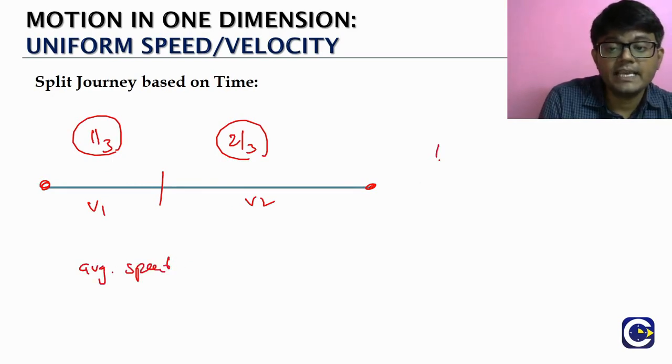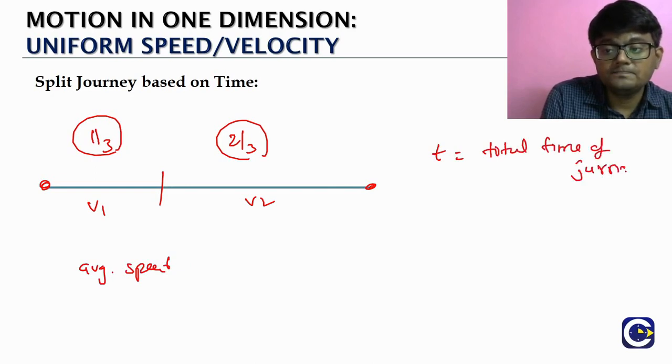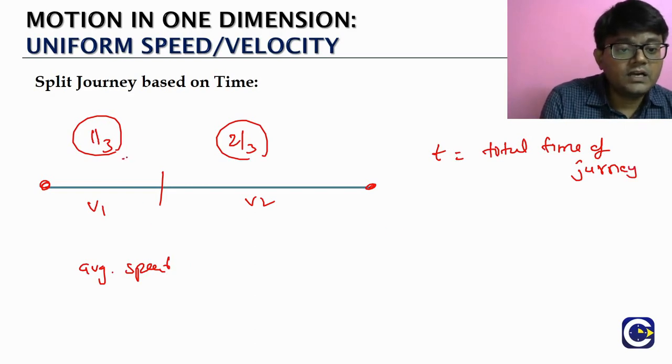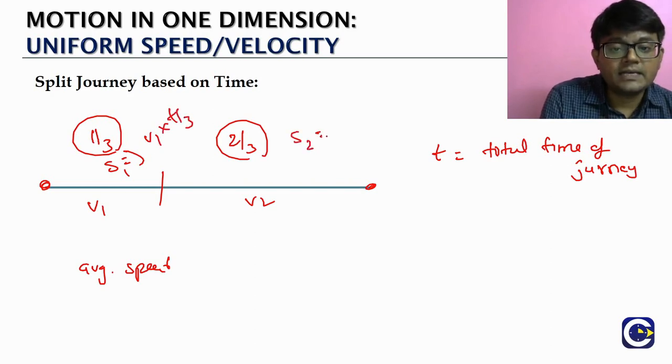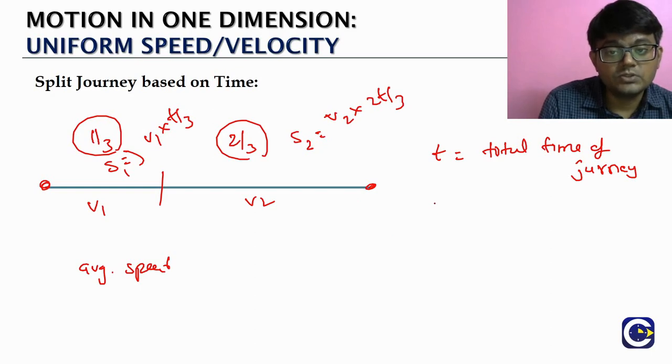So what we will say? Let t be the total time of the journey. Then for the first 1/3, here it is not half, it is 1/3. Let us calculate the distance covered: speed into time, v1 into t by 3. For the next part, the distance covered is the speed v2 into time, and the time will be 2 into t by 3, 2/3 of the time.